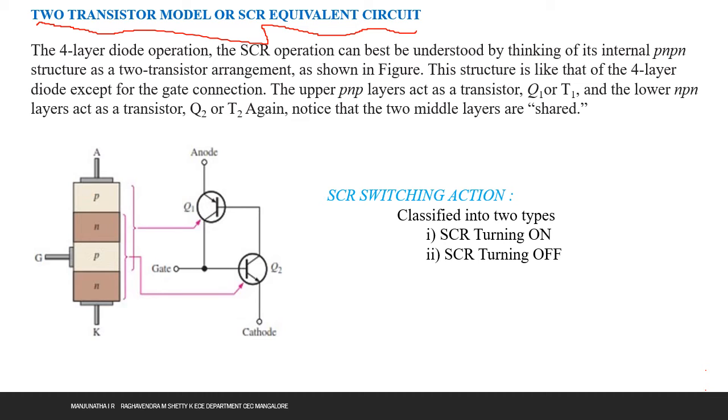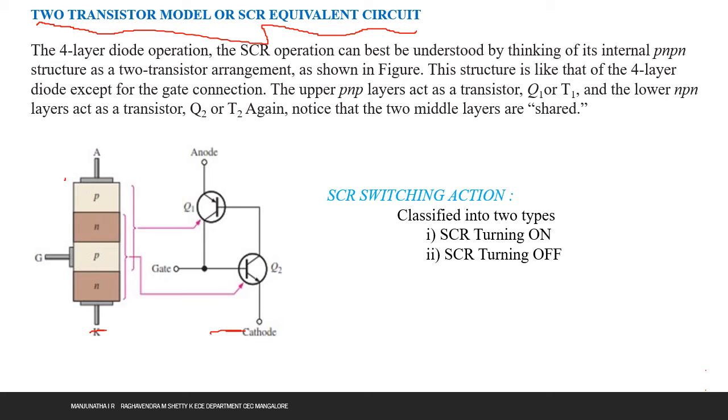Let's observe the structure here. It has PNPN layers, but a transistor can have only three regions, like PNP or NPN. We are dividing this PNPN structure as a two transistor model.